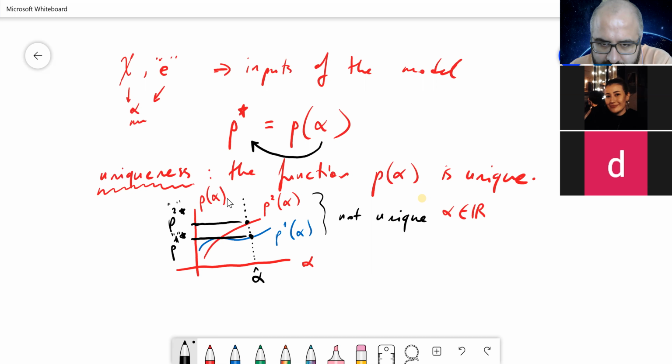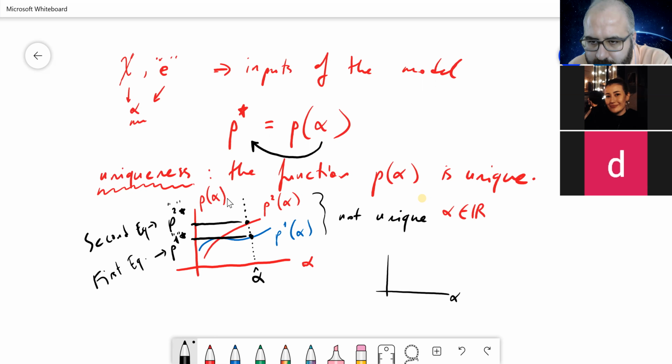This is the number for different equilibria. The first equilibrium, the second equilibrium. But if you have only this, then it is unique. That's the idea.